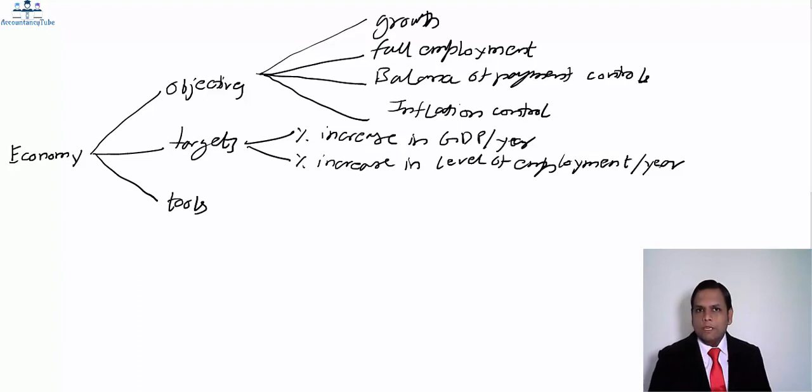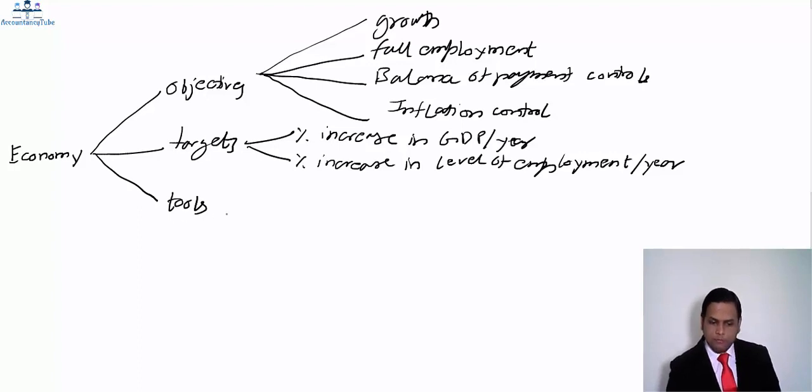Now, for those targets to be achieved, there needs to be some set of rules that the people should follow. For that, we have an economic system, and that system is affected by 4 tools which the government controls.